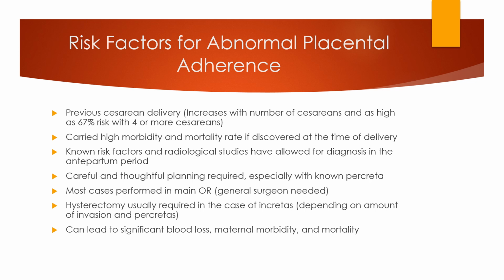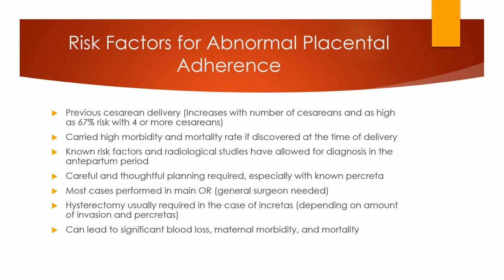So we do have to do careful and thoughtful planning when we know we have a percreta. These patients are going to need a hysterectomy. This is the only treatment for a percreta. There's no way to be able to remove that placenta without taking out the uterus. So these patients will need a hysterectomy and oftentimes will need reconstructive surgery of the bowel or bladder. So these are done in the main OR.